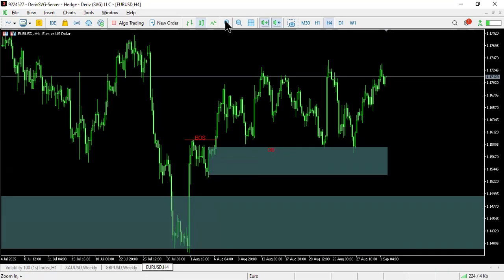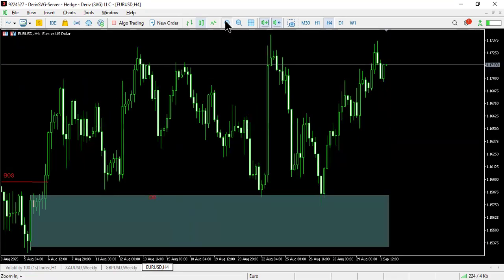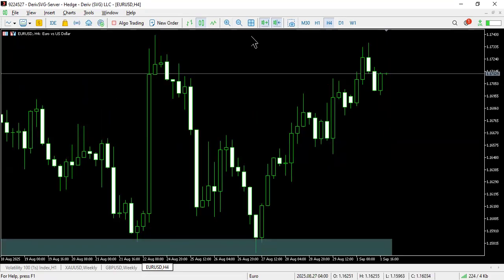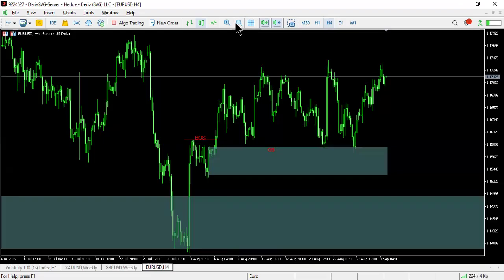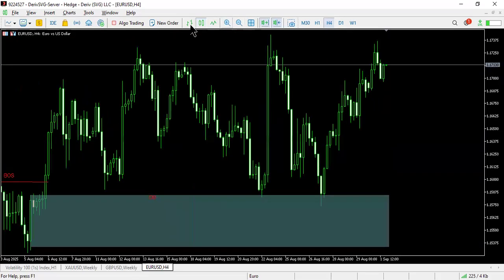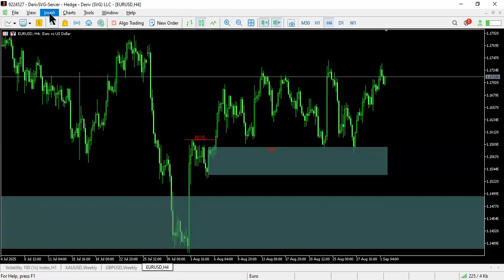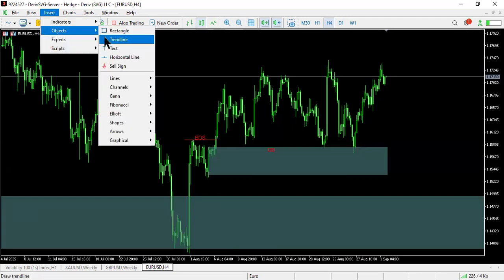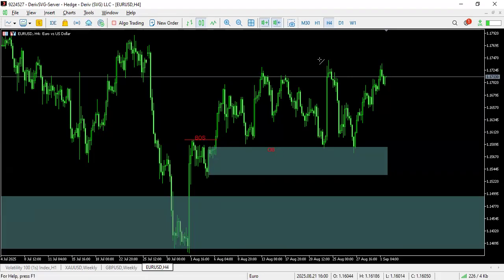Now if we are to enter Euro USD, we are to wait for price to go and break that high.